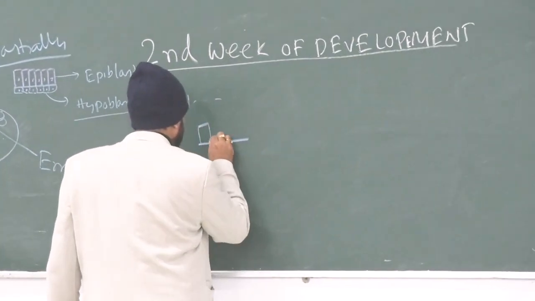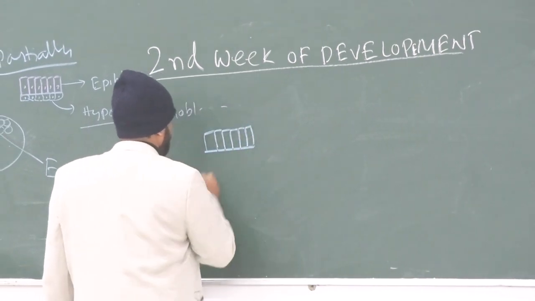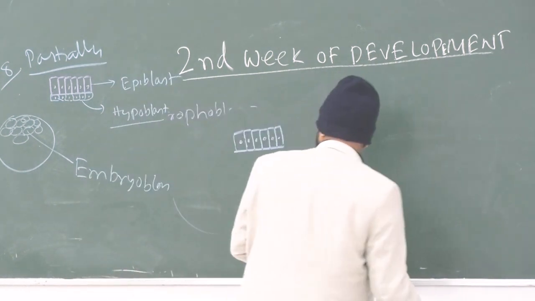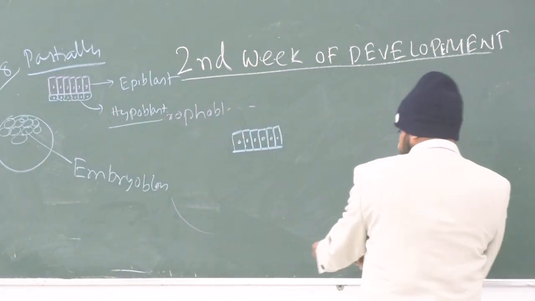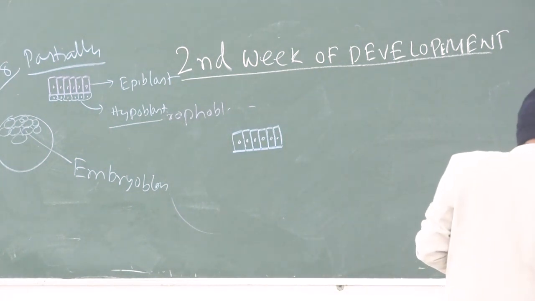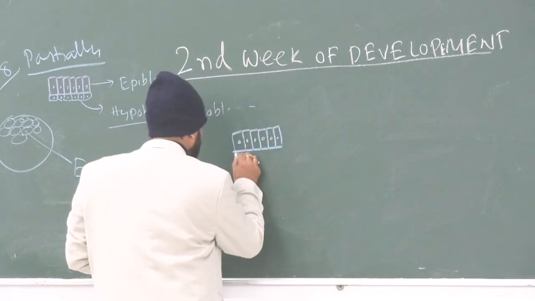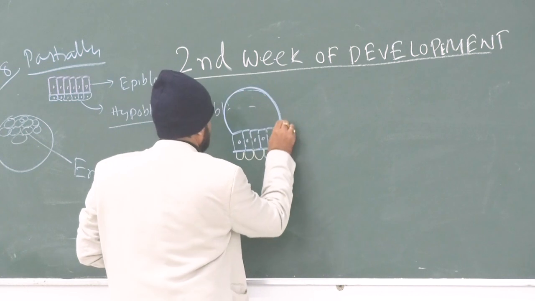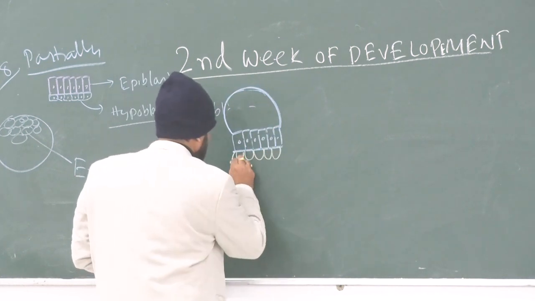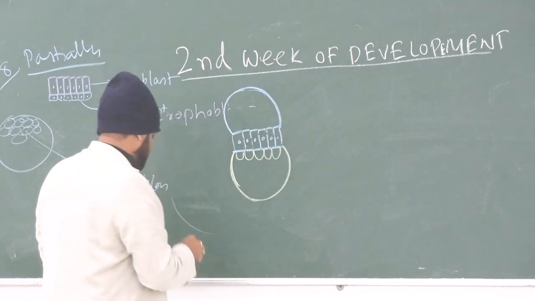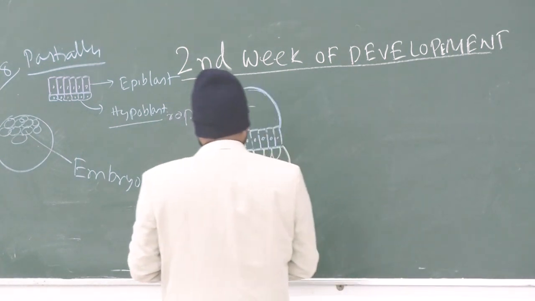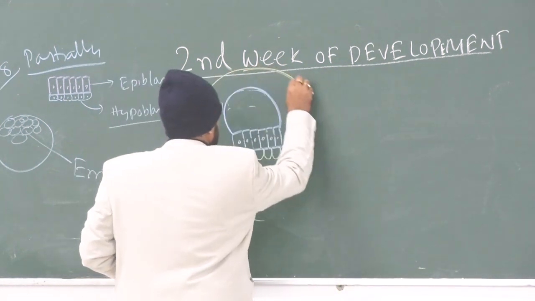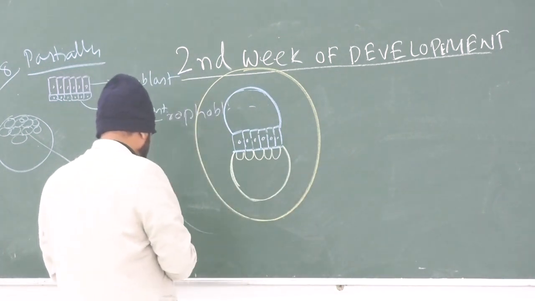If I draw this in this way, what is this? Epiblast. What is this?